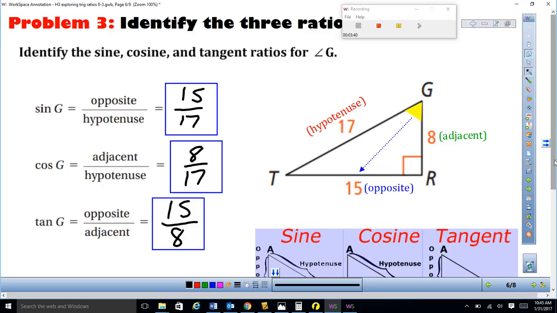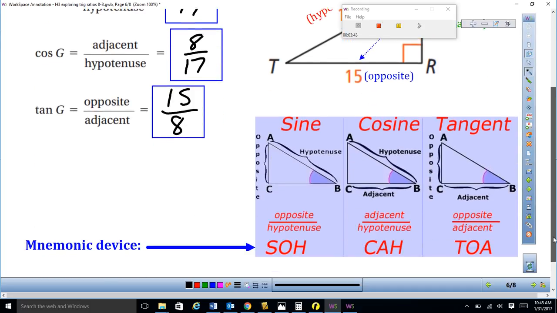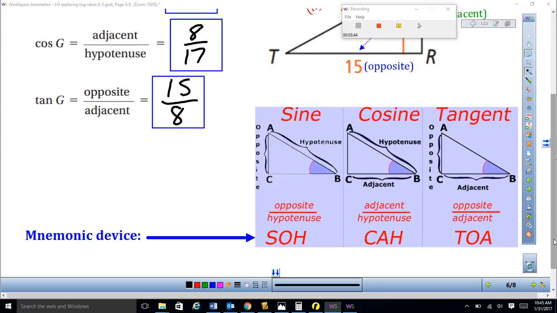And we have some great mnemonic devices for helping us remember the formulas for sine, cosine, and tangent. So sine, we look at the S in sine, the O in opposite, and the H in hypotenuse, and we get soh. Cosine, C in cosine, A in adjacent, H in hypotenuse, and we get cah.